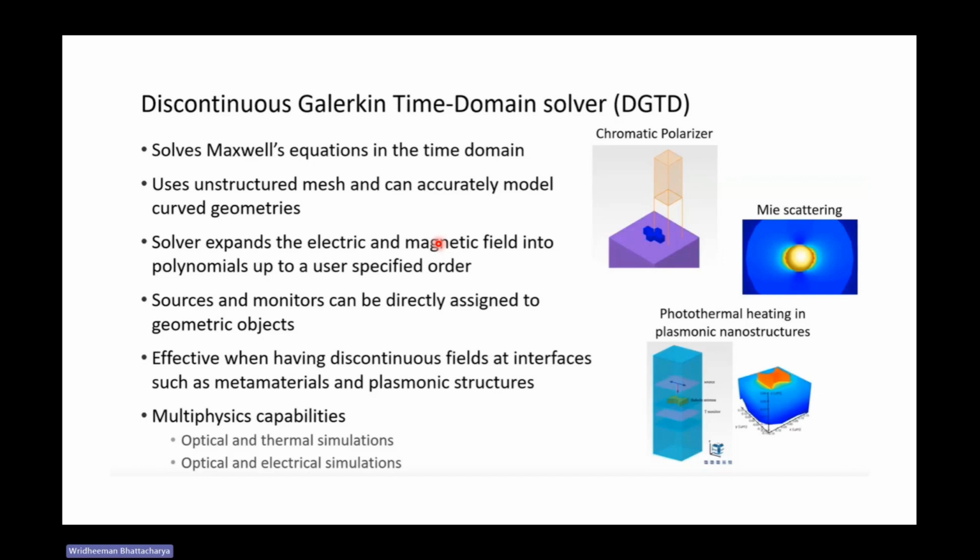They're effective when having discontinuous fields at interfaces such as metamaterials and plasmonic structures. So these two types of structures can mainly be simulated in DGTD, which gives it an upper hand over other solvers. It also gives optical and thermal simulations along with optical and electrical simulations.